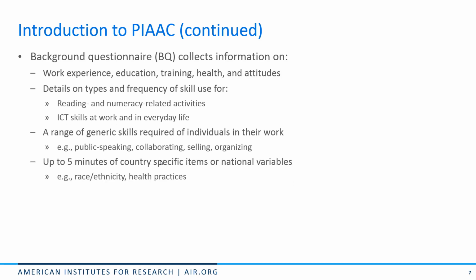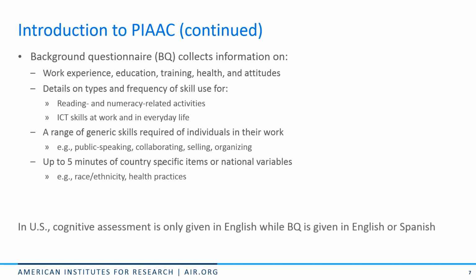Countries had the option to add up to 5 minutes of country-specific items to the international BQ. The additional U.S. national variables include, for example, race, ethnicity, and health practices. In the United States, the cognitive assessment is only given in English, while the BQ is given in either English or Spanish.